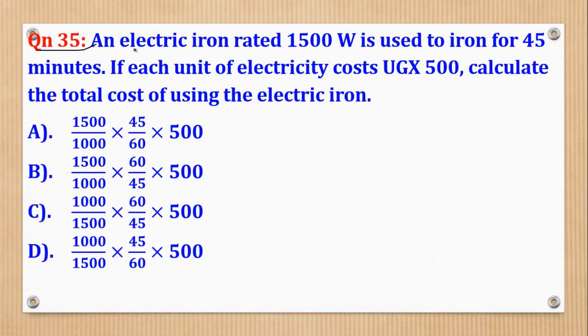Then 35, an electric iron rated 1500 watts is used to iron for 45 minutes. If each unit of electricity costs UGX 500, calculate the total cost of using the electric iron.